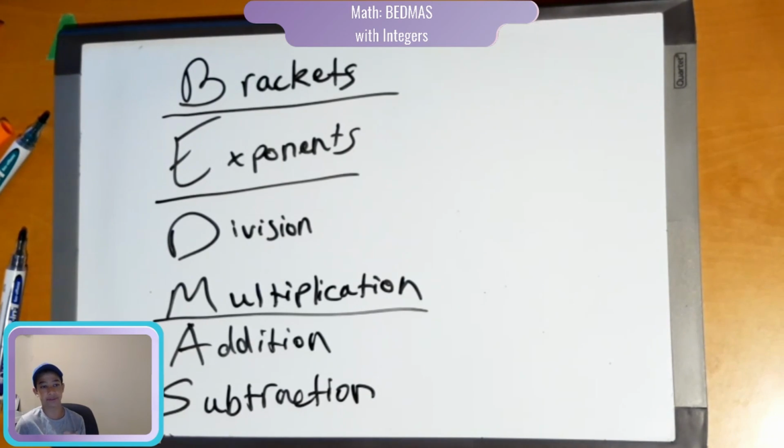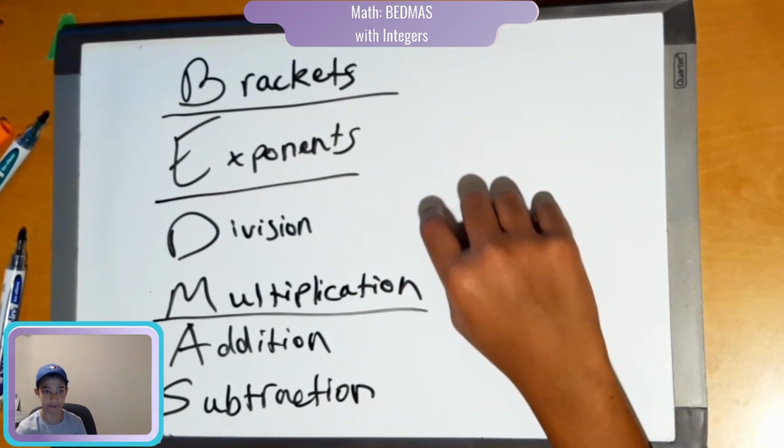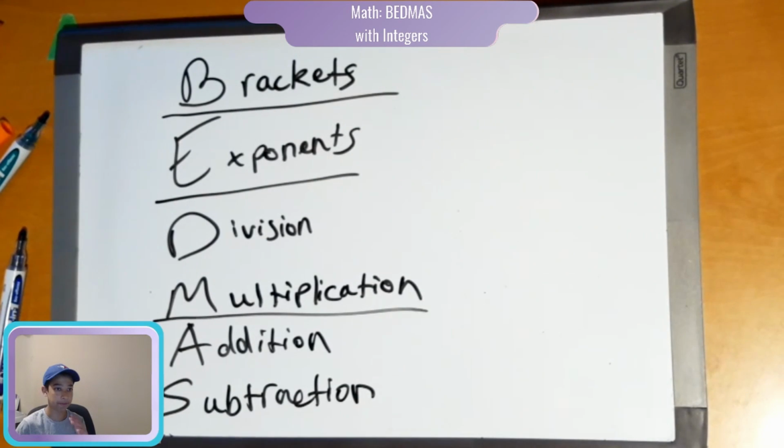The 6 times 3 comes first, and it does make a difference if you guys didn't know. Same thing with addition and subtraction. That's BEDMAS. You do brackets first, exponents second, division and multiplication third, and addition and subtraction fourth.